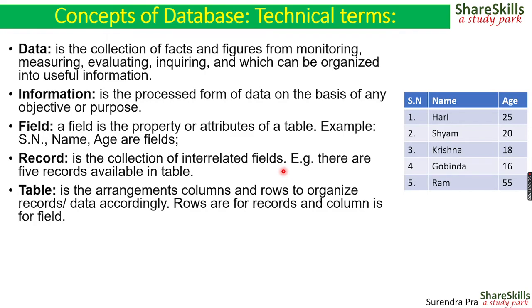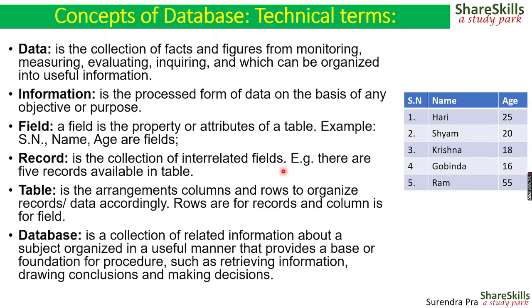So a table is the arrangement of columns and rows, or we can say records on that particular field. So fields and rows, meaning records, organized in a particular way, become a table.